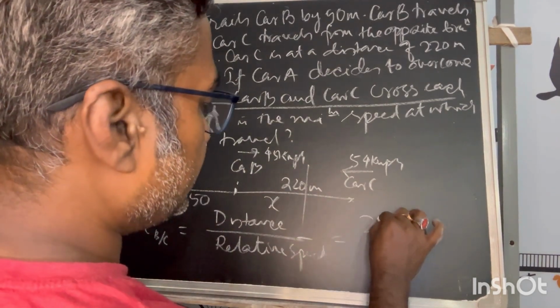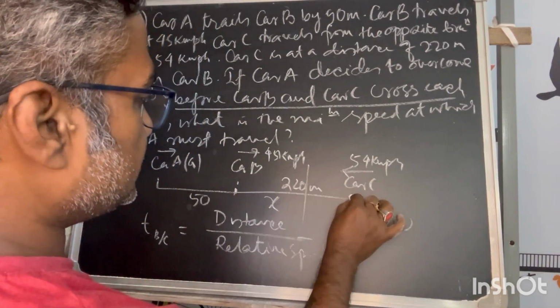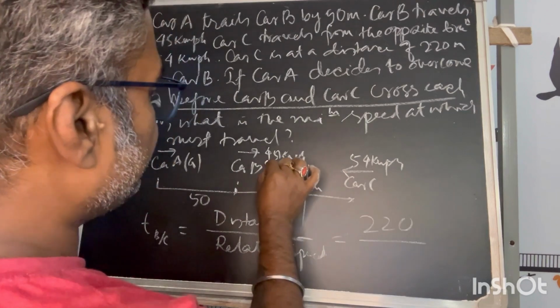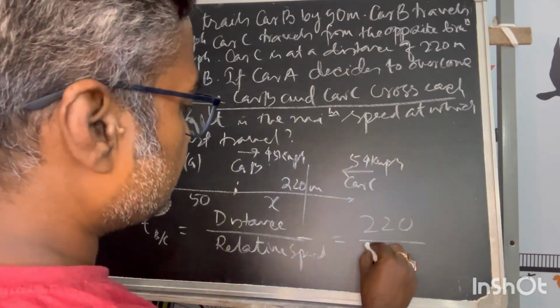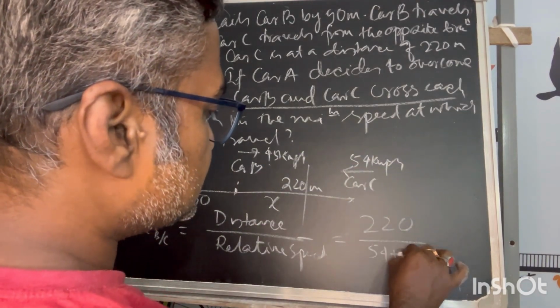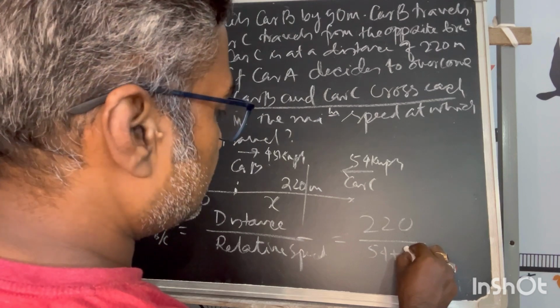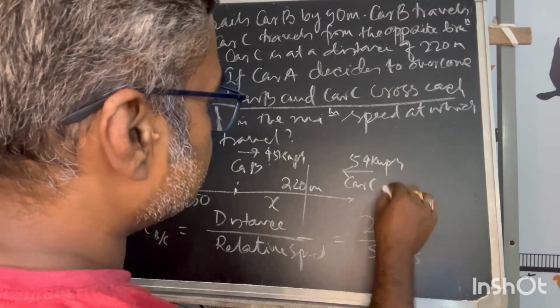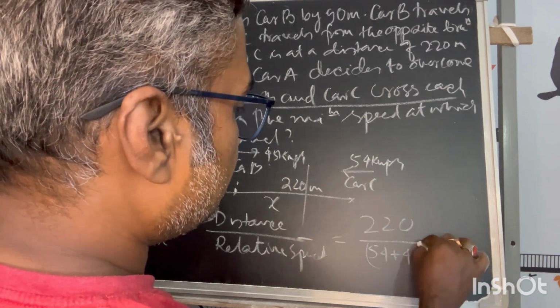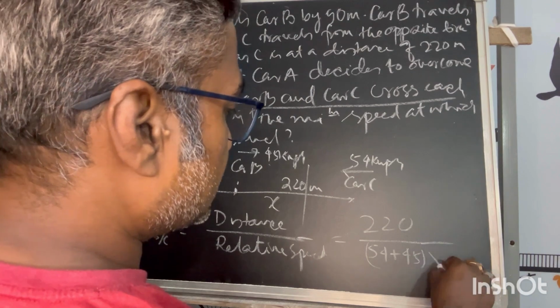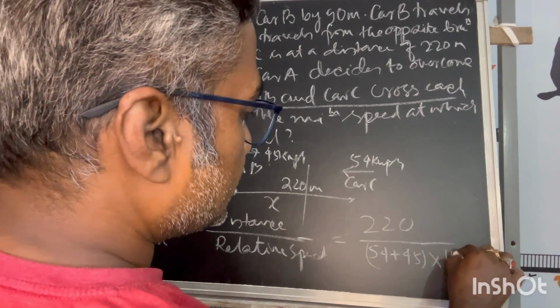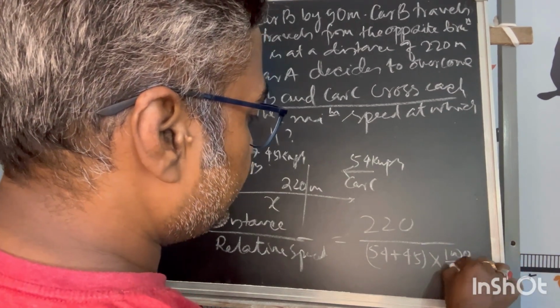Now it is 220, the distance between B and C, divided by their relative velocity, that means 54 plus 45. But this is in kilometer per hour and the distance is in meter, so I have to convert it into meter per second.